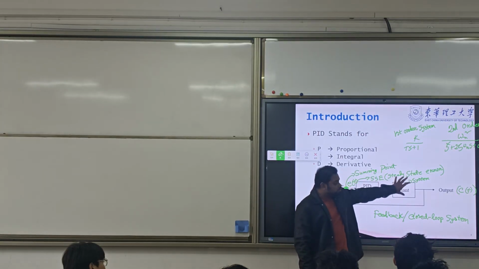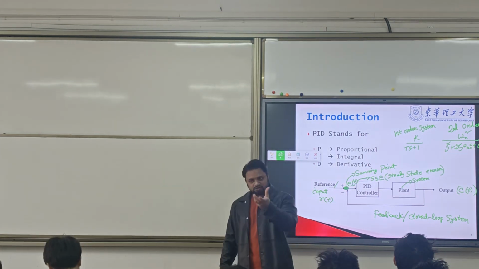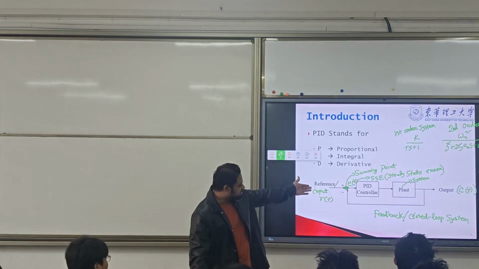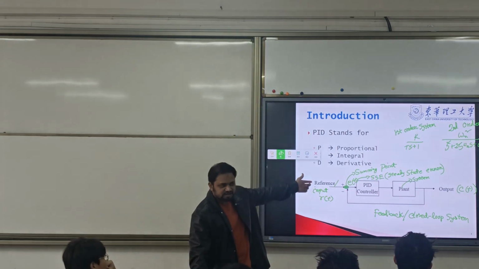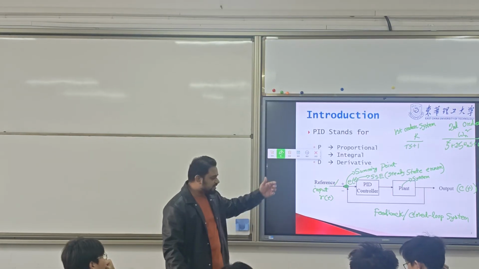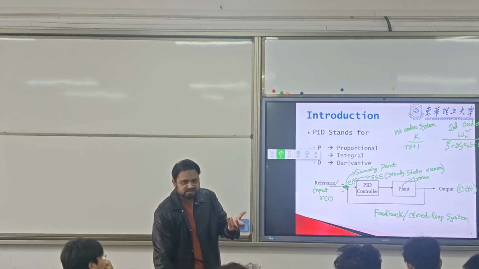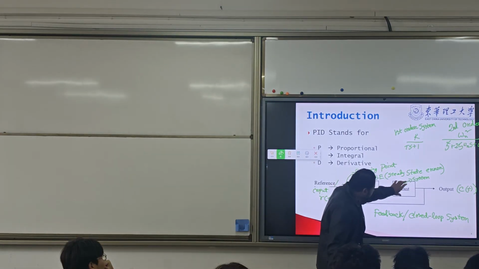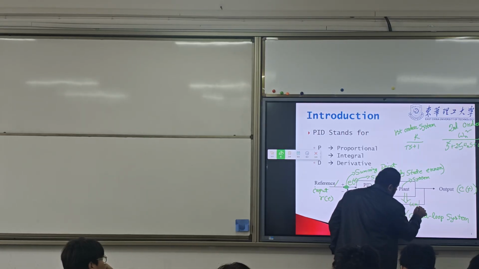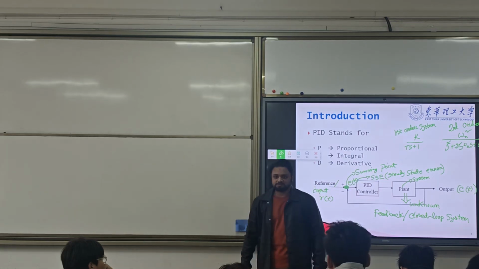But what if we don't know which type of system it is? We have a control system, but we don't know which type of system it is. Here we know it is given in the plant, first order system, second order system, then we did the mathematical analysis. But if this is unknown, then how will you solve it?